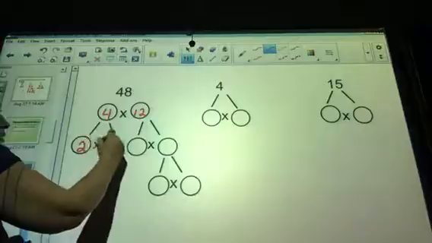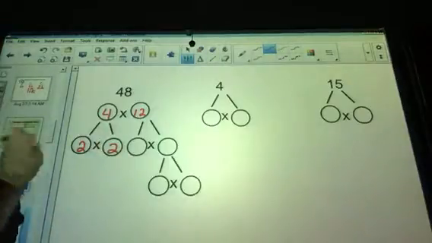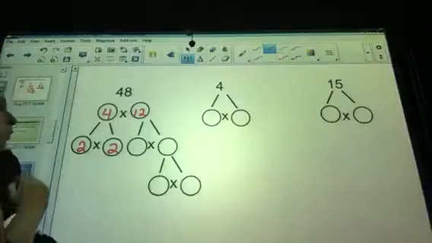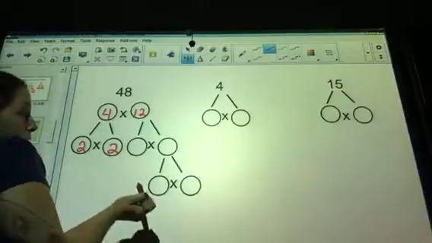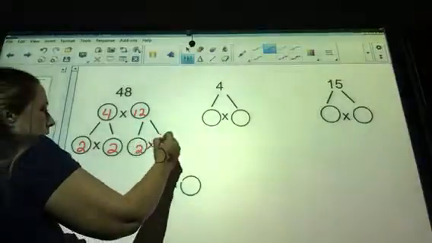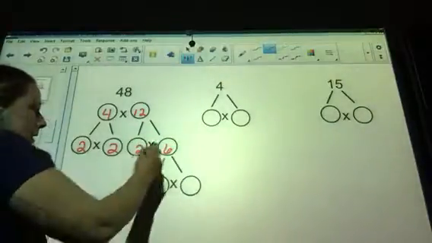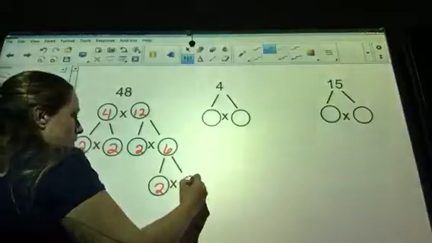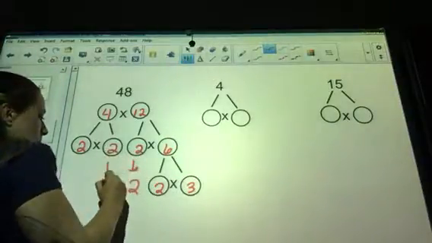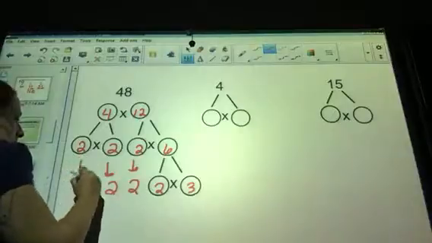Right, 2 times 2. And 12 breaks down into, well, we could do 3 times 4 or 2 times 6. Either one would work. So I'll do 2 times 6. And 6 breaks down to 2 times 3. And then I always bring these guys down so that I have them all lined up in a nice, neat way.